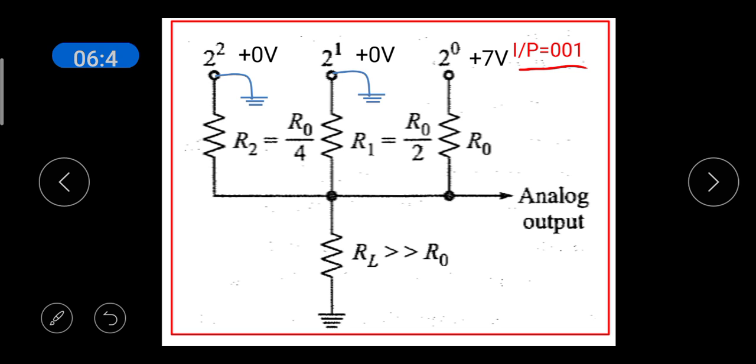So, this input is 2 power 0, which will be given the voltage plus 7 volt, and 2 power 1 is given the voltage 0 volt, so it is grounded. 2 power 2 is also grounded, so that the input is 0, 0, 1. The analog output voltage is taken here.